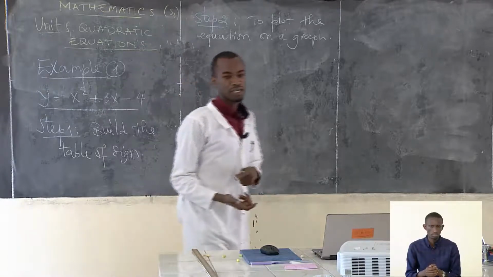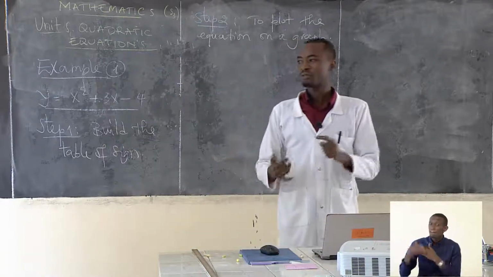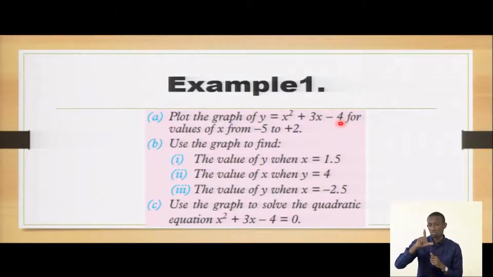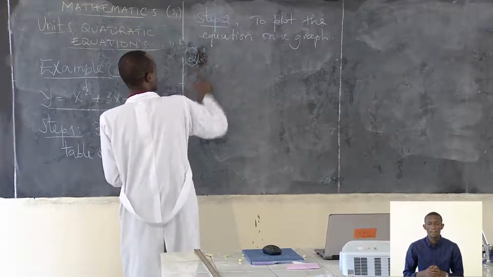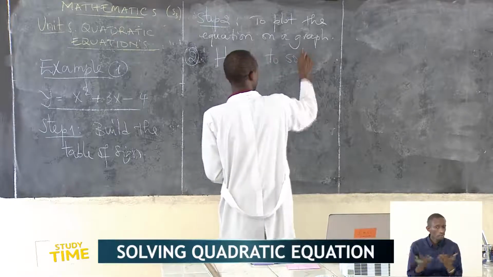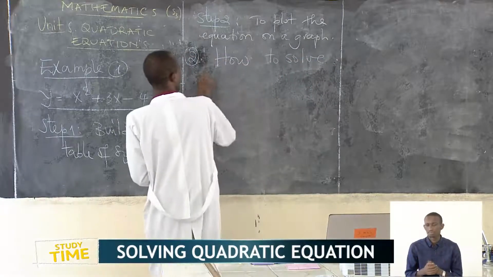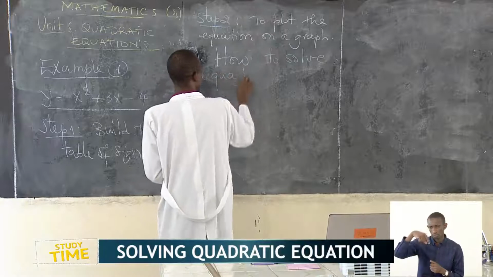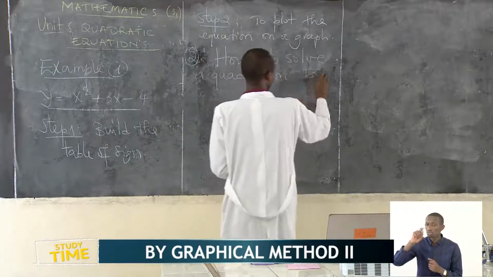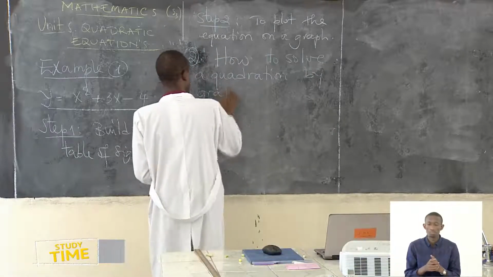And from the question that we had, we were asked to find the value of x when y is given, and also the last point, number 2, was to determine how to solve a quadratic equation by graphical method.